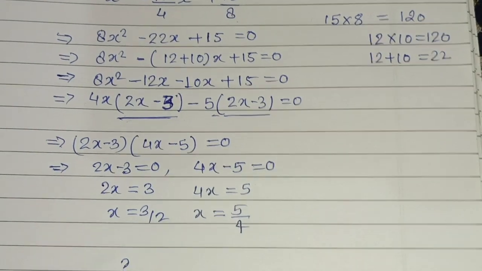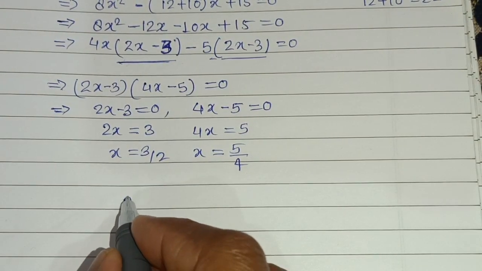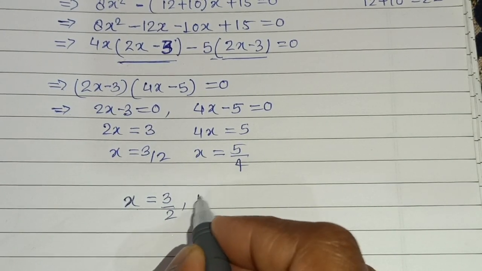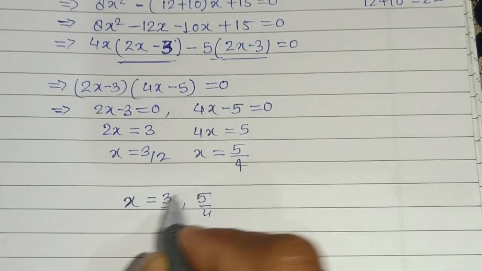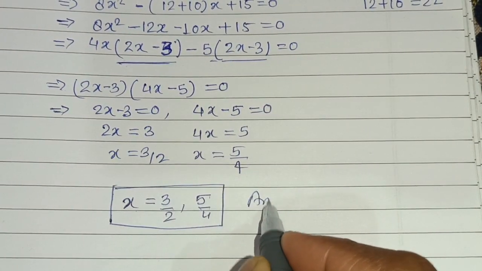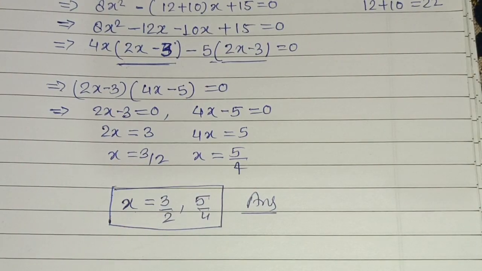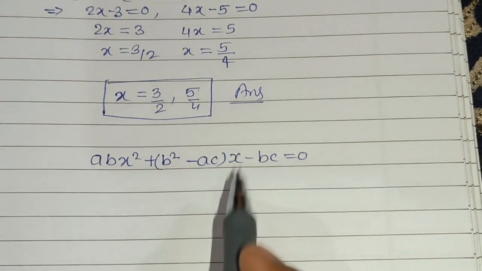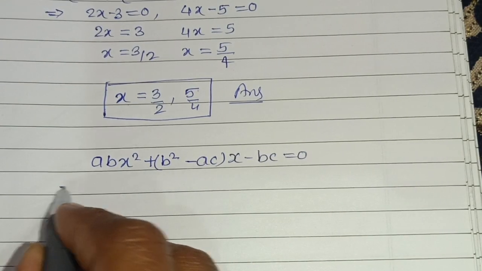So 3 by 2 and 5 by 4. Answer. Now next question.